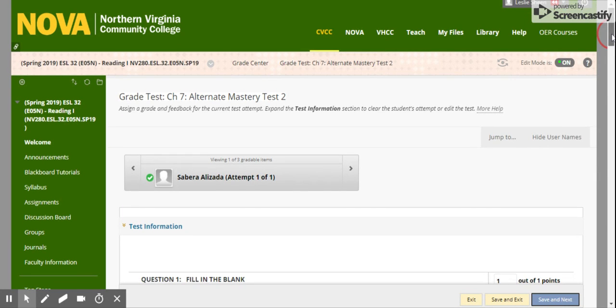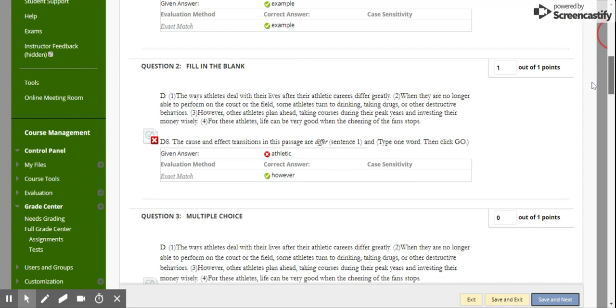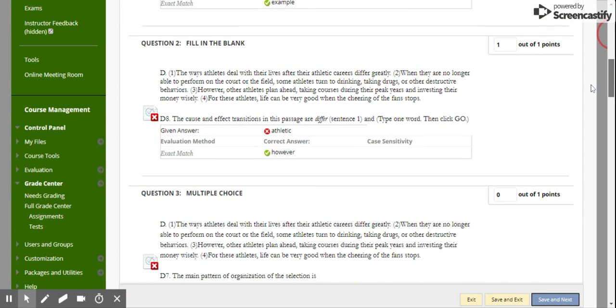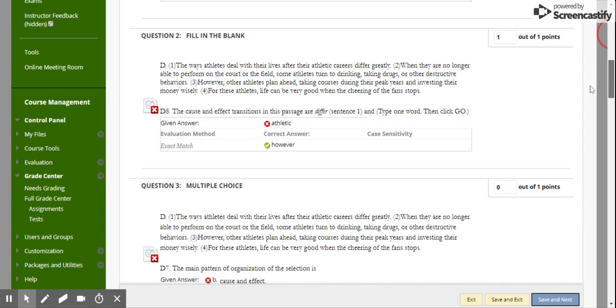I'm going to scroll down to question 2, which was the type of question you were asking me about. As you can see, I'm sure you saw that you got it incorrect. Please notice a couple of things about this kind of question.